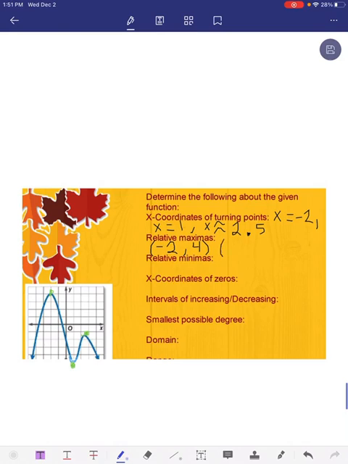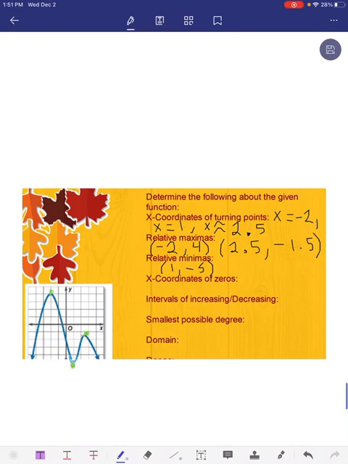Our other point, which was at the 2.5, would also be a relative max. And we're going to say that it's at negative, let's say 1.5. And then we have a relative min at that 1 comma. We're going to say that it's at -5.